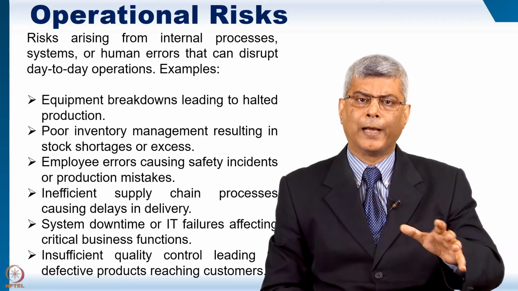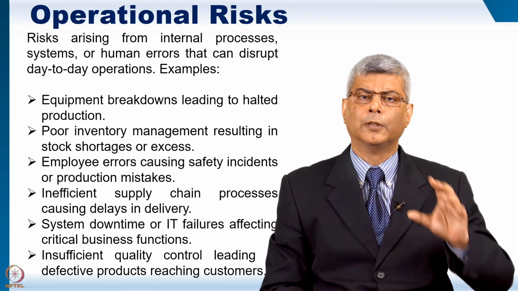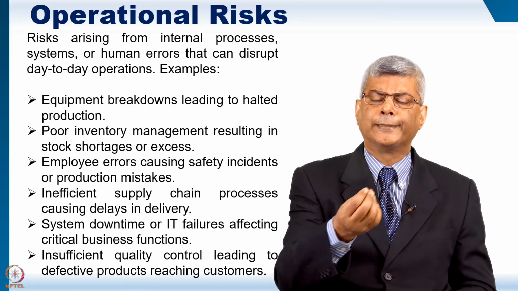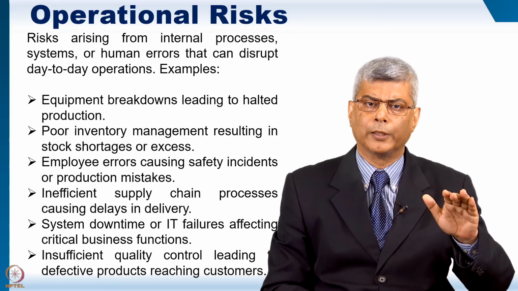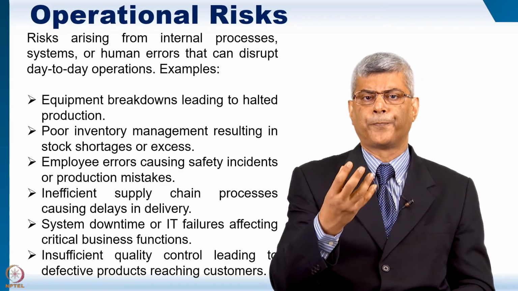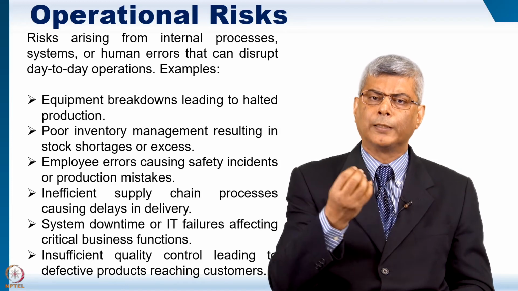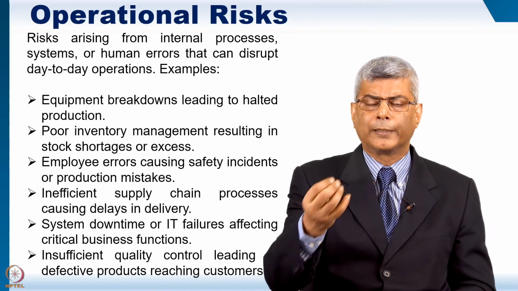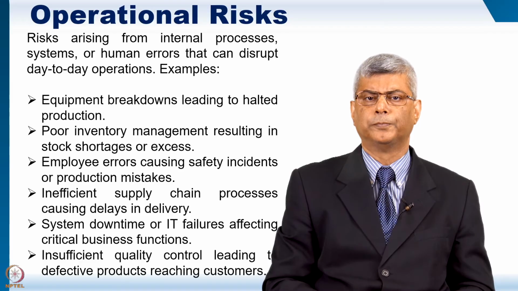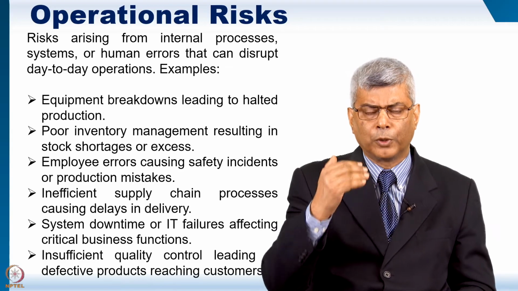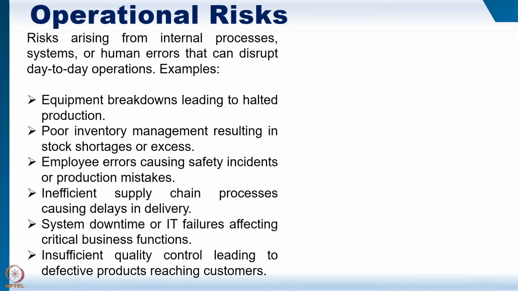But then there is one batch of 100,000 biscuit packets which has got insects. That can destroy your business because quality in food is very important. Quality in medicines is very important. Quality in cars is very important. So if you have poor quality control, it becomes an operational risk.